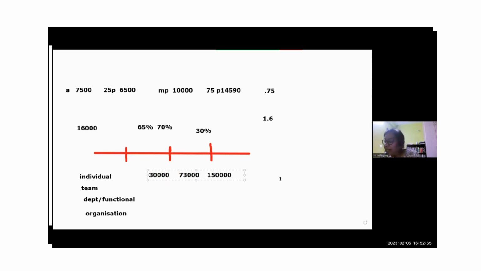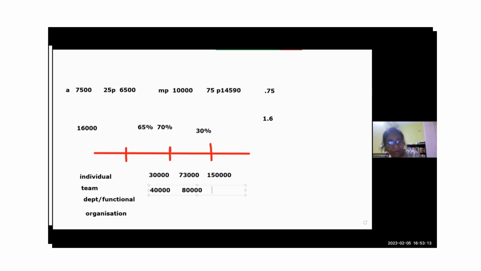These are the 3 people I have. Midpoints for this team are 40,000, 80,000, and 120,000.